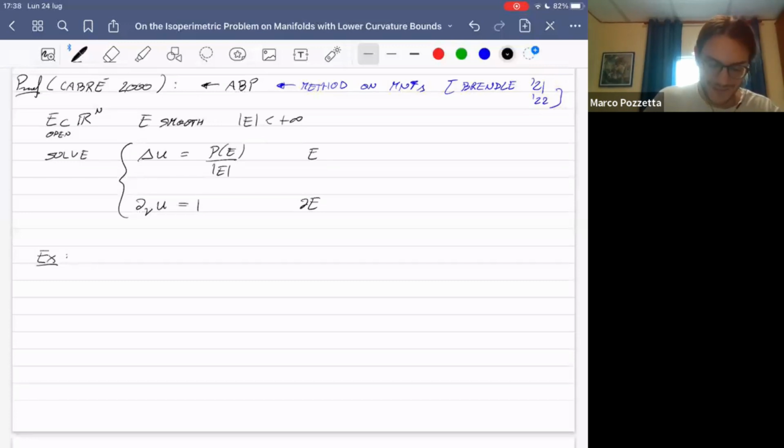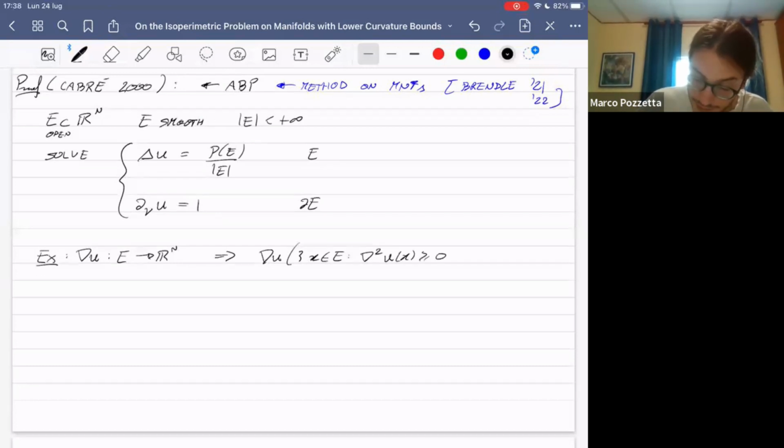But it's not difficult. The key observation is the following: you look at the map gradient of u, and you think of this map as a map from E into Rn, because that's what it is. The exercise is to prove that if you take the image through the gradient of the points in E such that the Hessian of u is non-negative as a matrix, then this covers the unit ball in Rn.